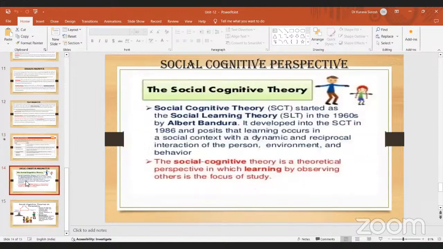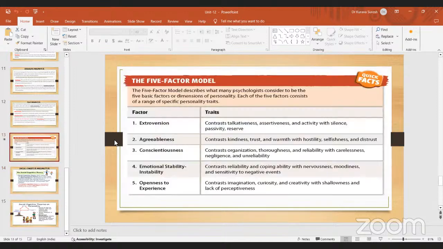Extraversion contains talkativeness and assertiveness, as opposed to silence. Agreeableness contrasts kindness and trustworthiness.